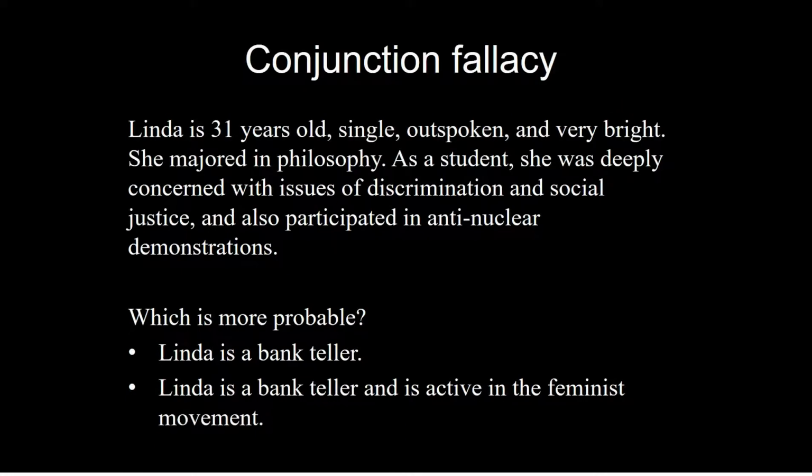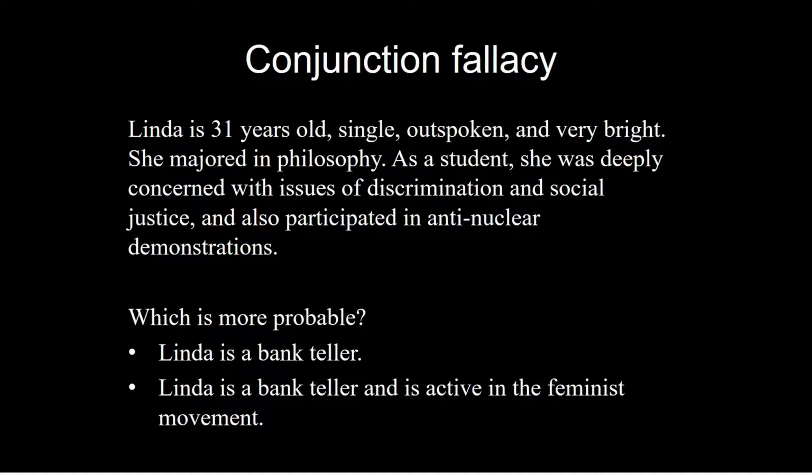Right, great. Okay, so now another famous one is the conjunction fallacy, and this is the Linda the bank teller problem. Linda's 31 years old, single, outspoken, and very bright. She majored in philosophy. As a student, she was deeply concerned with issues of discrimination and social justice, and participated in anti-nuclear demonstrations. I think that dates this problem a little bit.